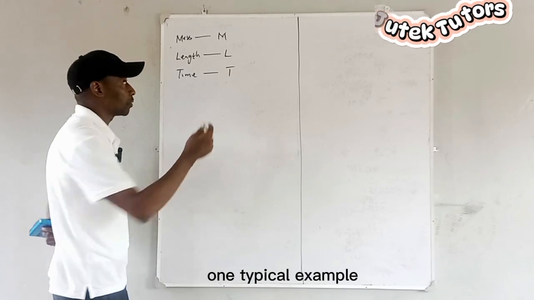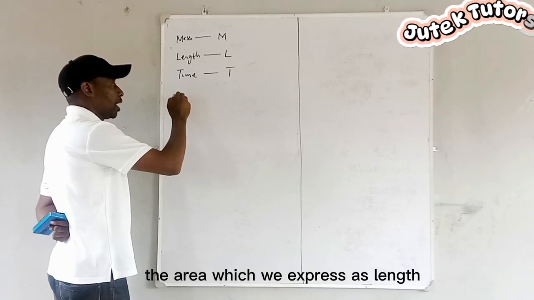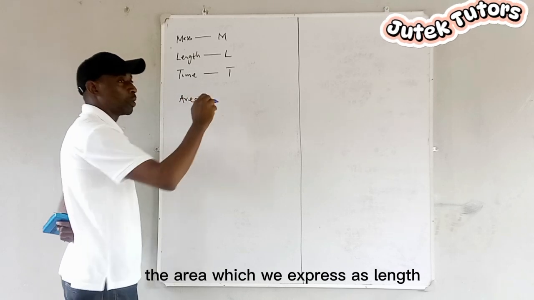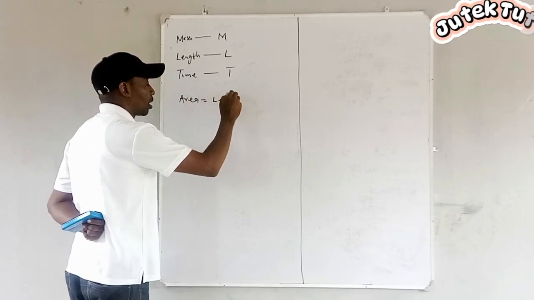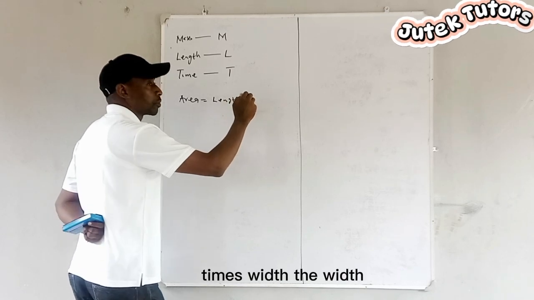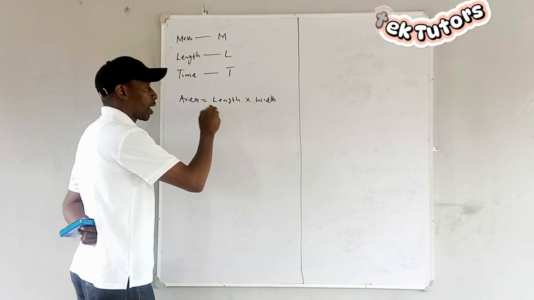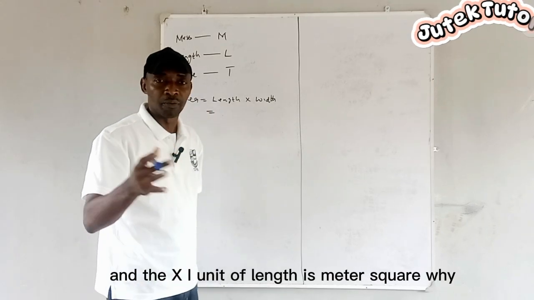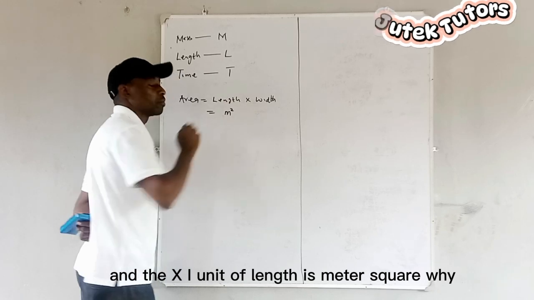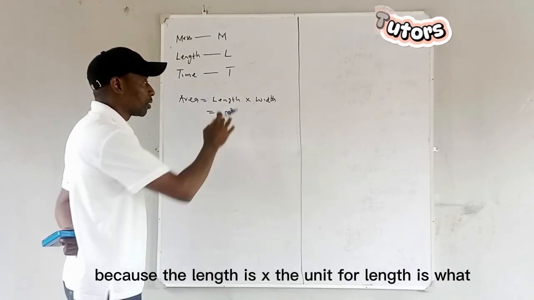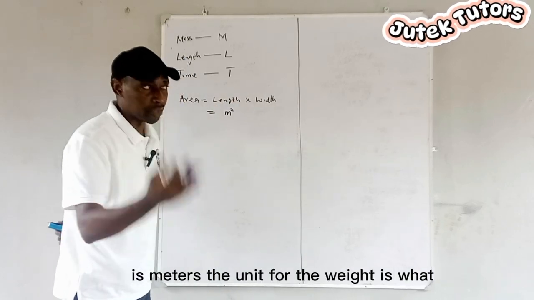One typical example. We have the area, which we express as length times what? The width, and the SI unit of area is meter square. Why? Because the unit for length is what? Meters.